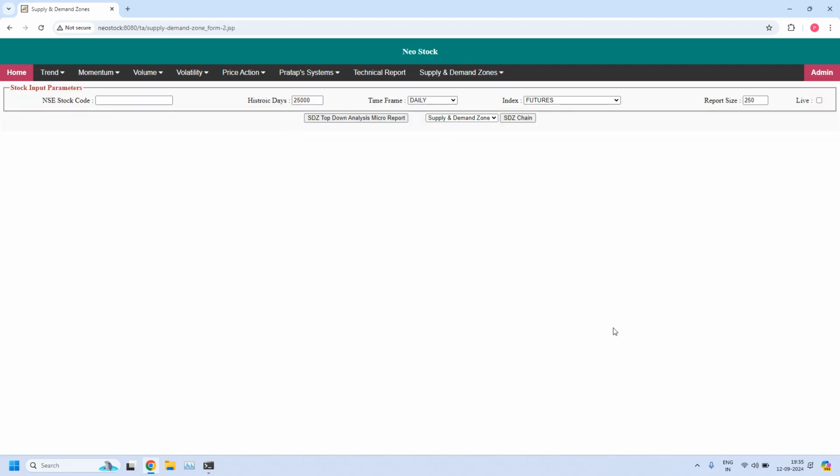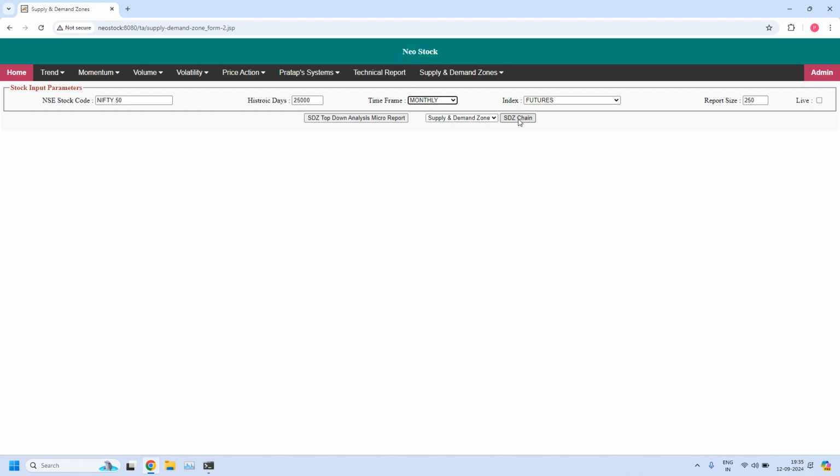Now let us identify NIFTY and BANKNIFTY supply demand zone chain. Let's start with NIFTY. Nifty 50, and let us generate the supply demand zone chain starting from monthly time frame until 5 minutes time frame. So selected the time frame as monthly.